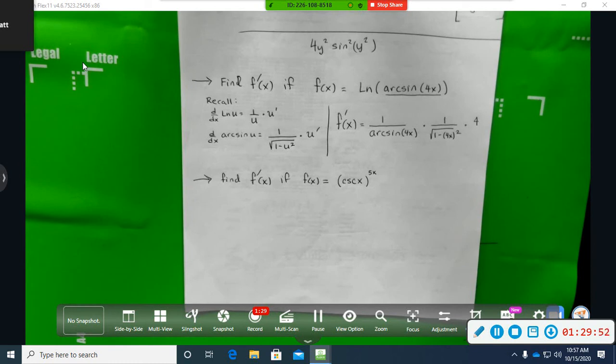Does that make you think of what you're going to do? It's not a 5 up there, it's a 5x. The base is a function of x. So when both the base and the exponent are functions of x, tell me what to do.